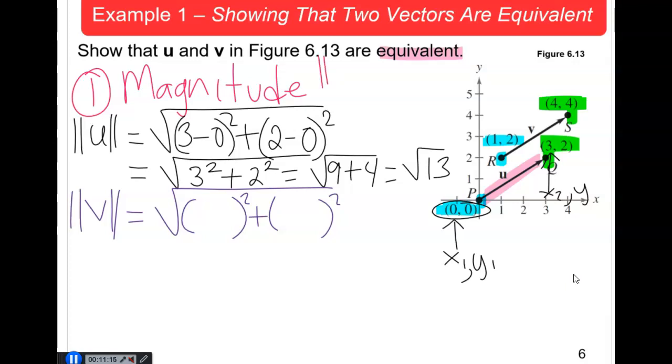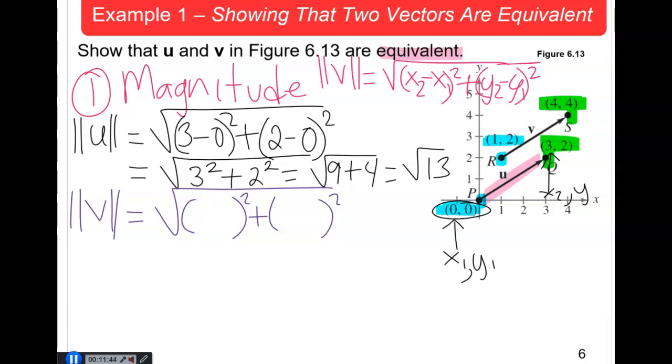So if we're looking for the magnitude of a vector, it will be x sub 2 minus x sub 1. That's the difference of the x values. We square that, and then we add the square of the difference of the y values. There we go. That sounds better.